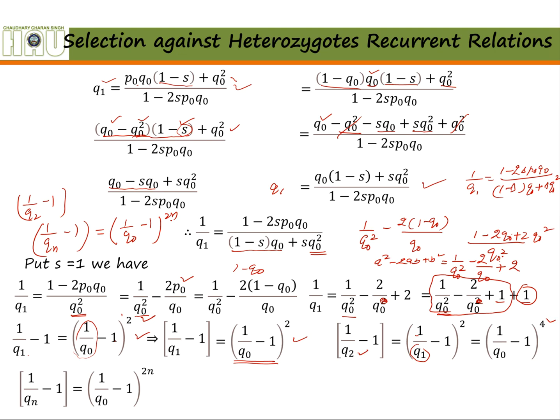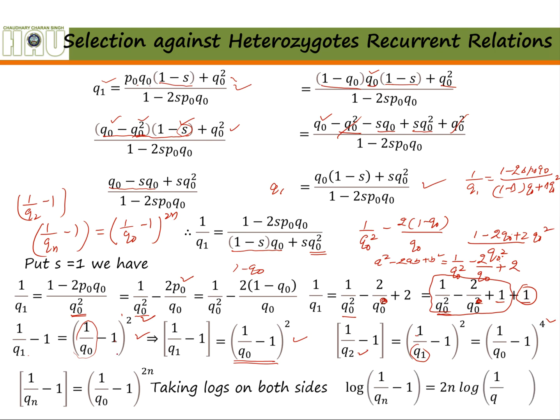If we take log on both sides, what we will get? Log of (1/qn − 1) is equal to, the power can be used as multiplier, so 2n log (1/q0 − 1).